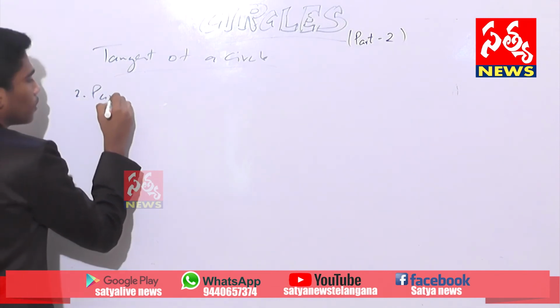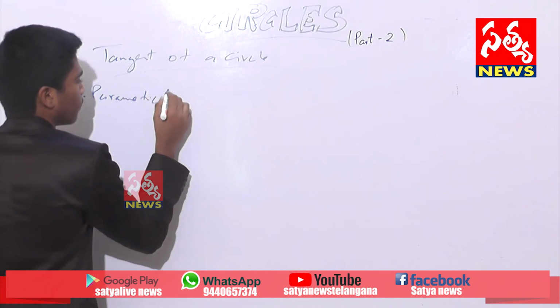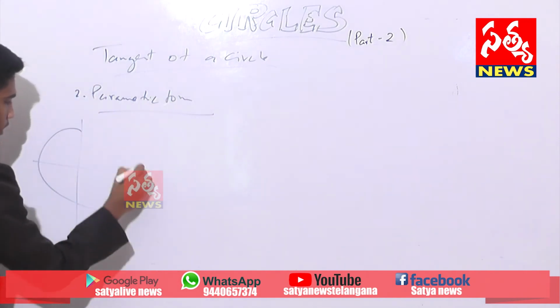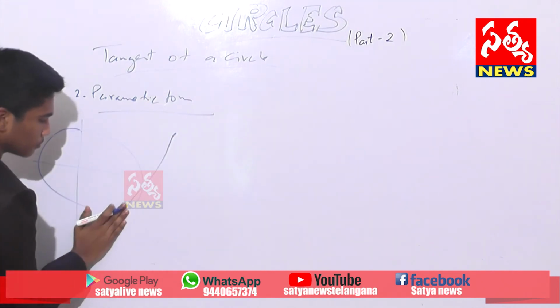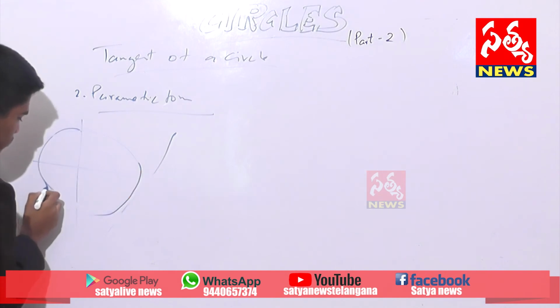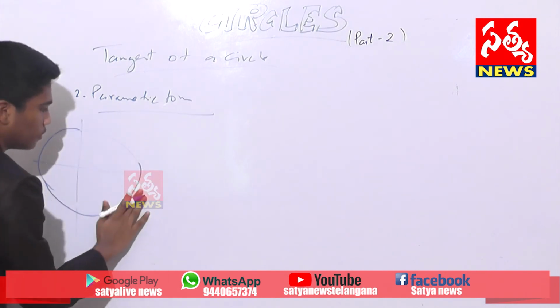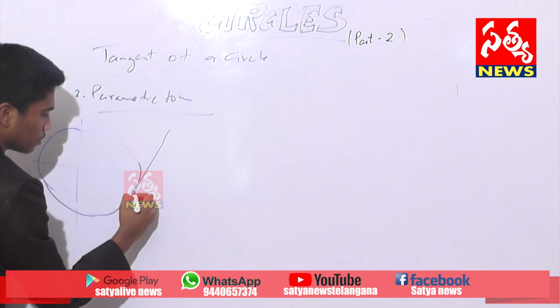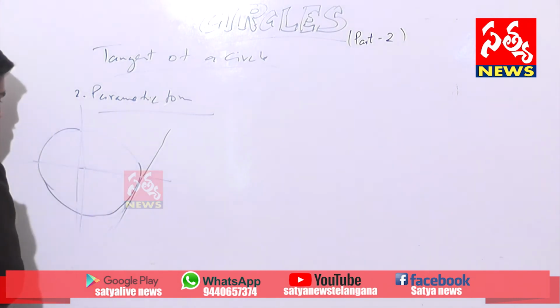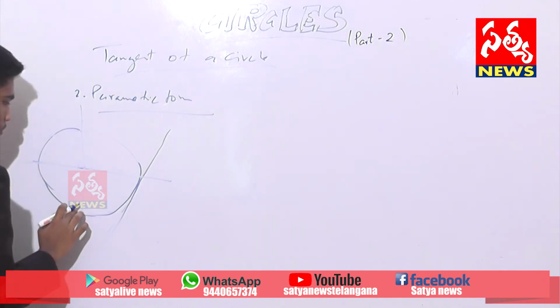Second one is parametric form. This is a circle and this is a tangent to the circle. Okay.